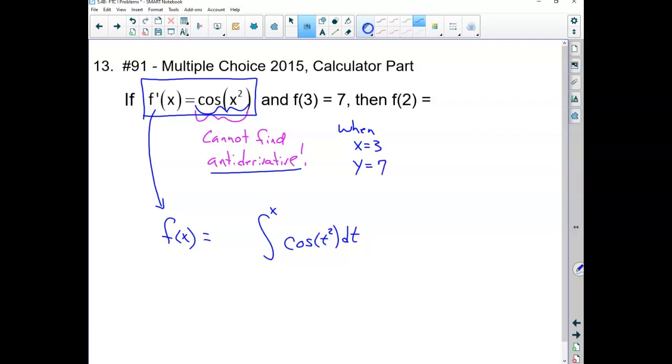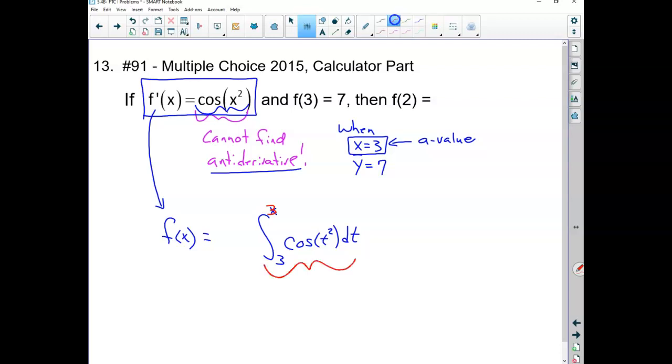So when x equals 3, okay, my a value is 3. But when I actually come up here and I put a 3 in there, what's the integral from 3 to 3 of cosine t squared dt?